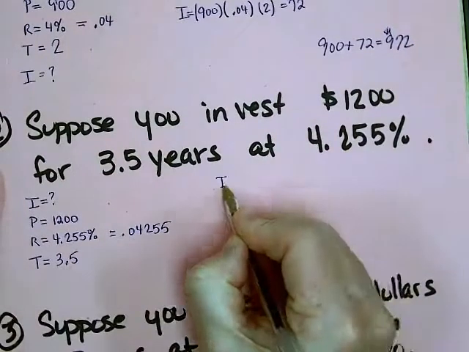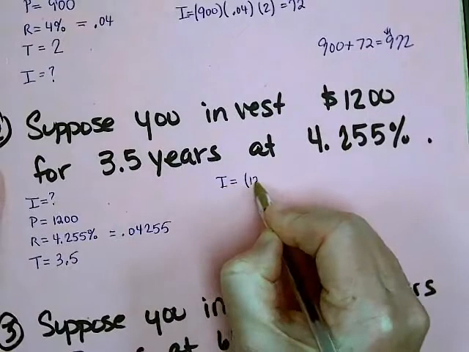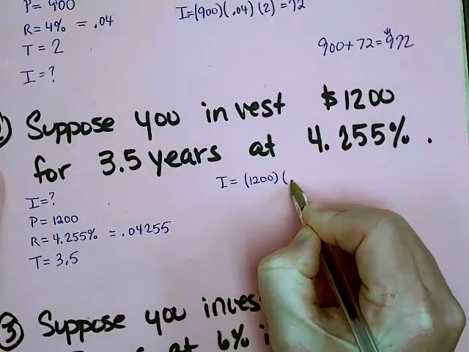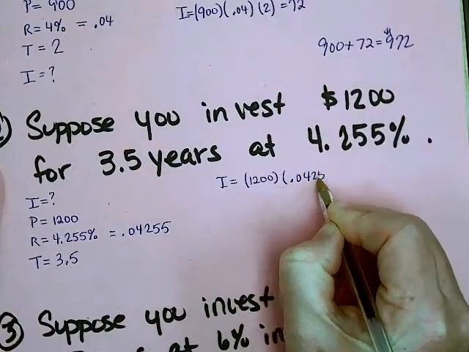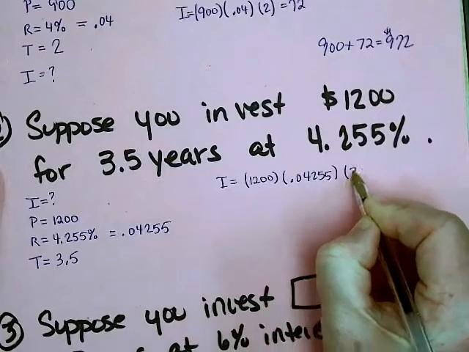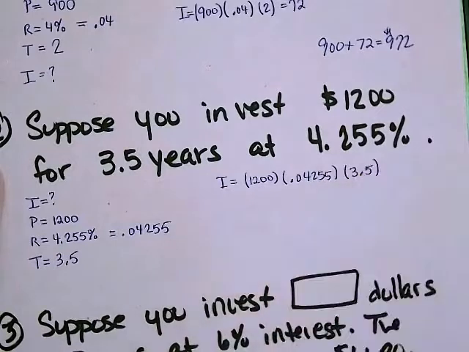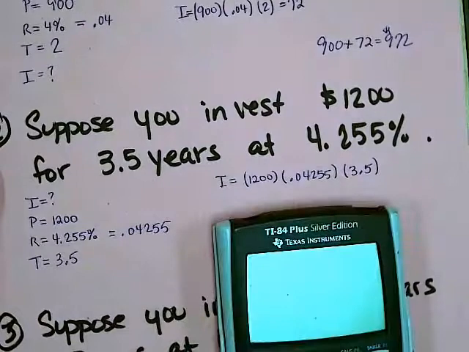I'm going to put that in my formula. 1,200 times 0.04255 times 3.5. So I have 1,200 times 0.04255 times 3.5.